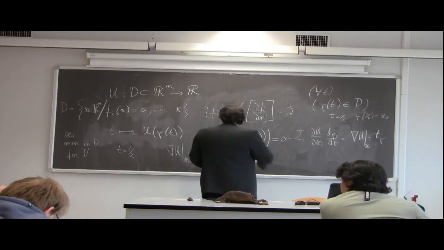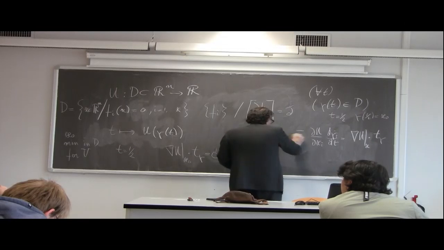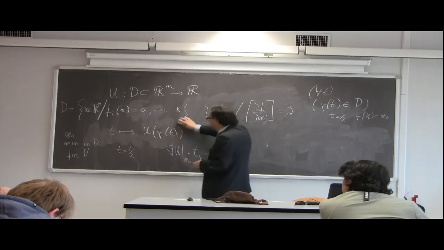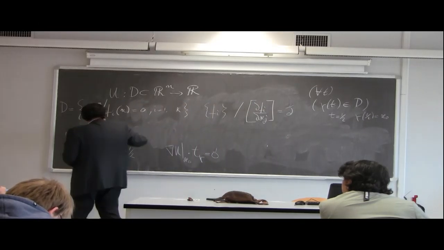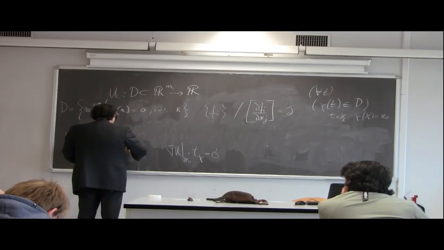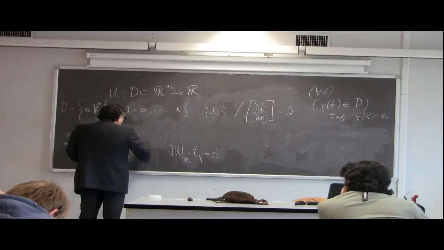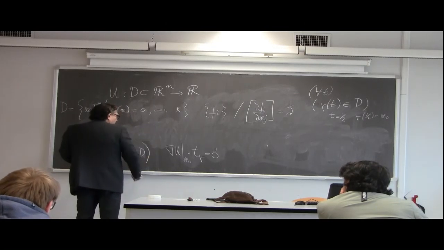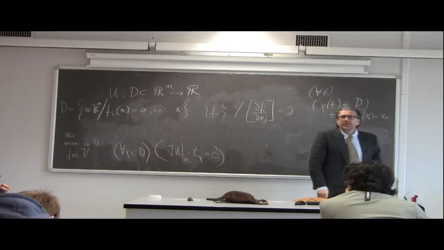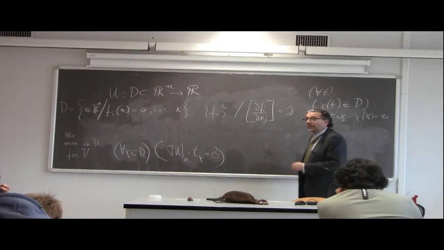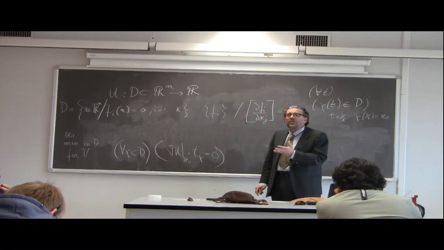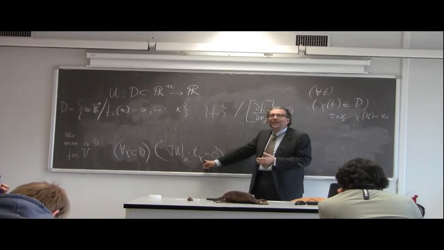Now I erase this. For every gamma included in D, this condition is to be verified. Okay? Now, how is the set T gamma constituted?